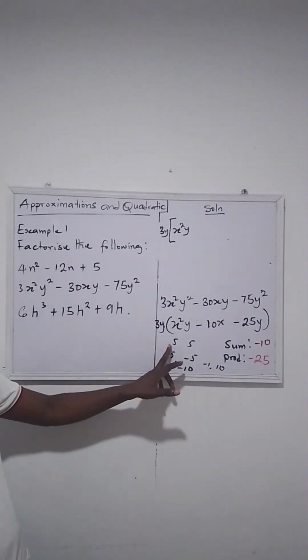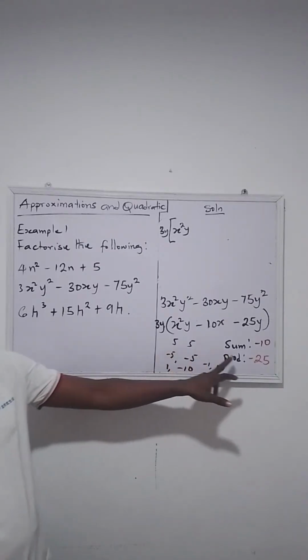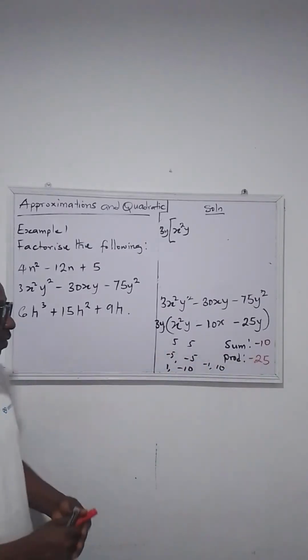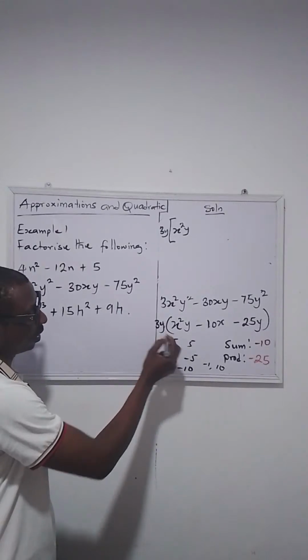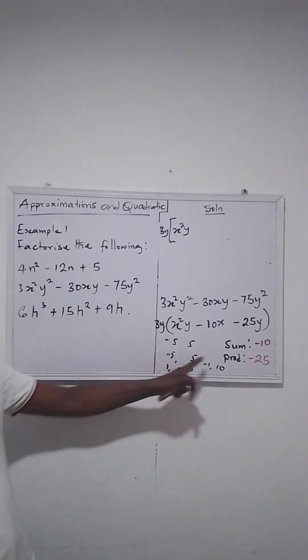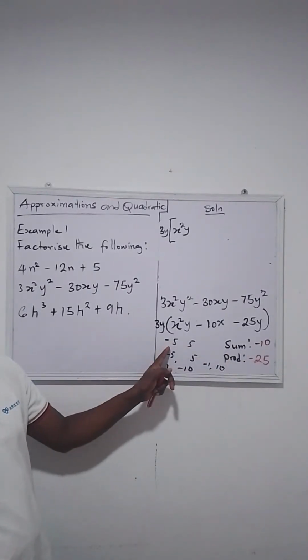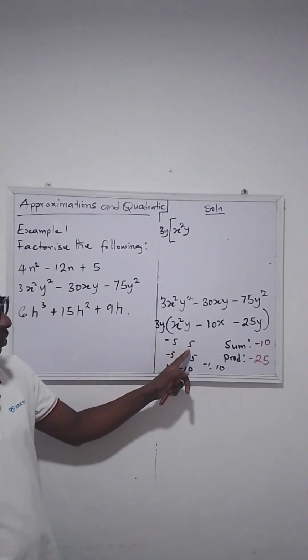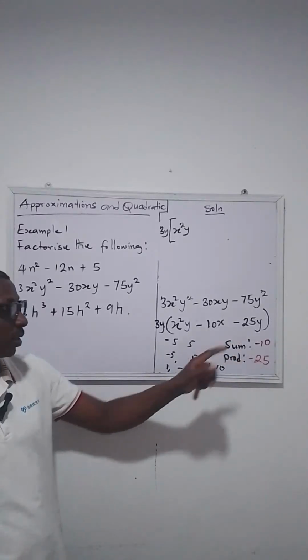Because when you multiply this and this together, you can have 25. If I must have negative numbers, one must be negative. So negative 5 times 5, we have negative that.